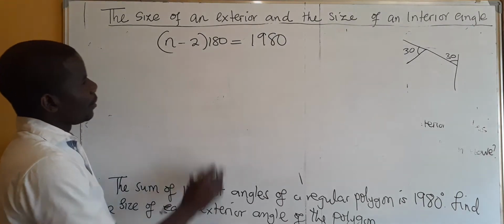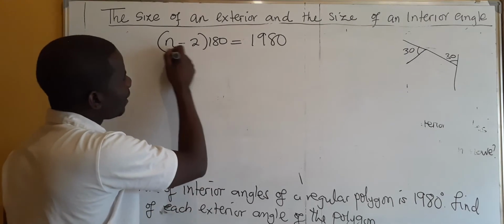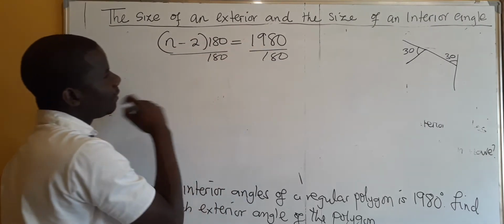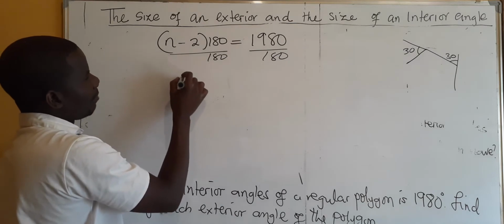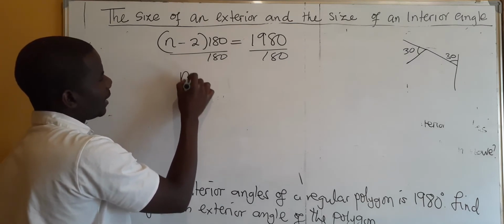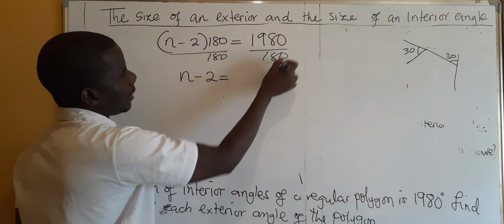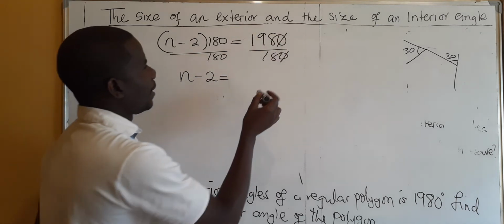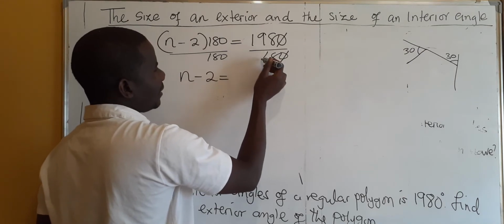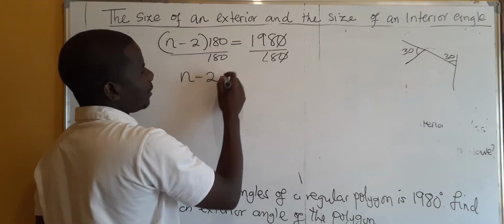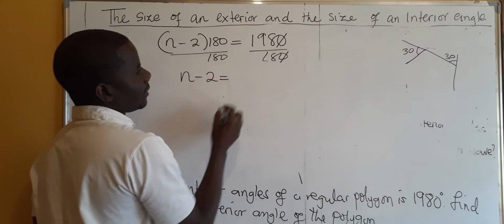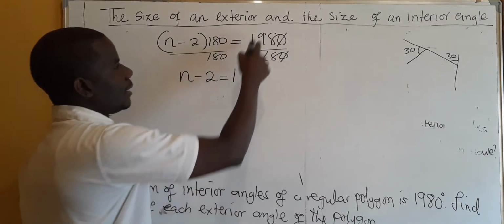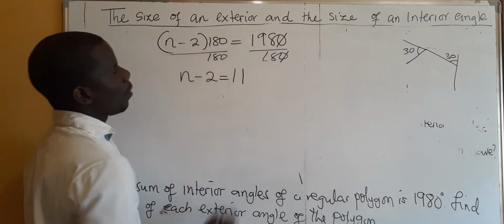Okay? So now we divide both sides by 180. Here we'll remain with n minus 2. So 1980 divided by 180: 18 into 19 is 1, remainder 1, into 18 again it will be 1.